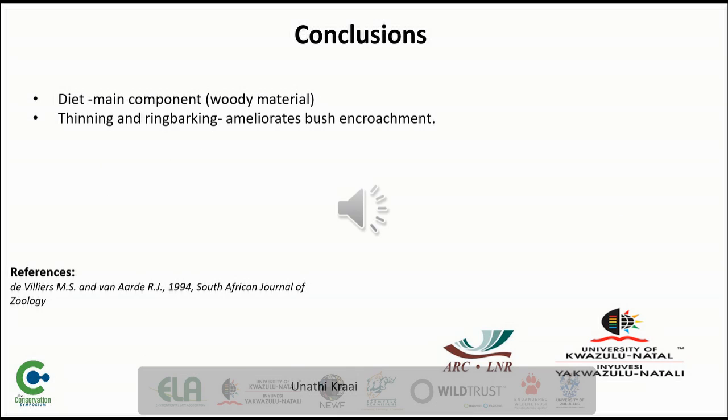The study was able to find that because the diet of porcupines is mainly composed of woody material during the dry season, one could come to a conclusion that although their impact would be very small, they do, however, ameliorate bush encroachment through thinning as well as ring barking.